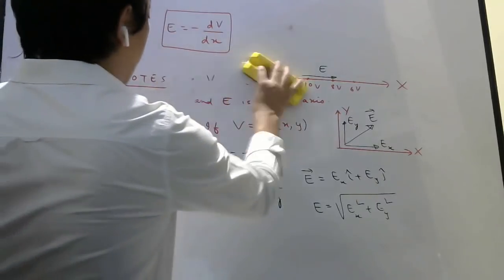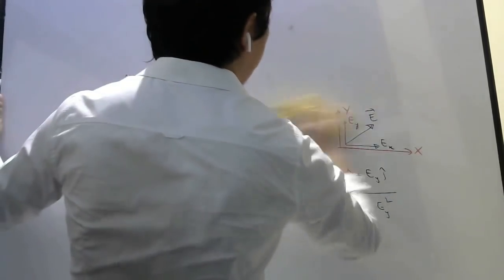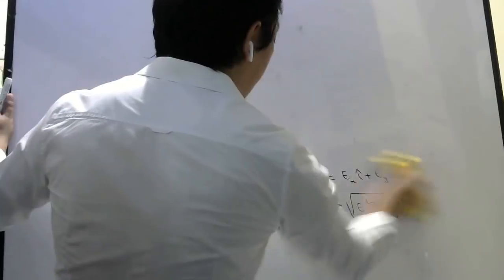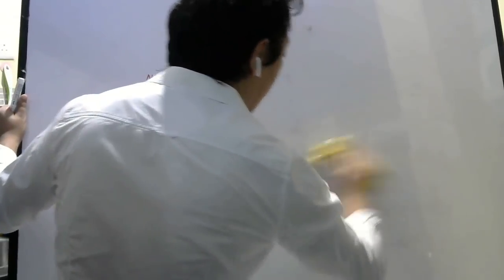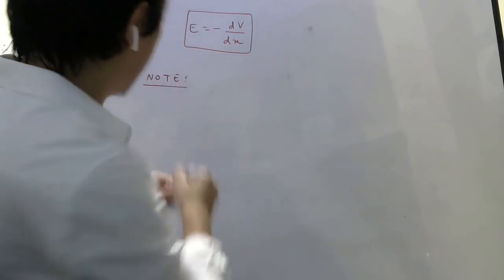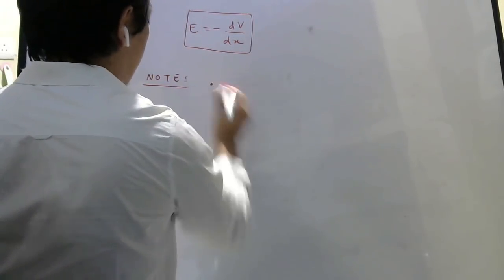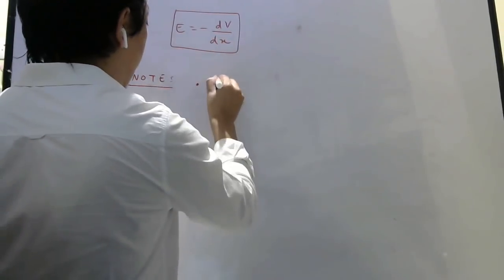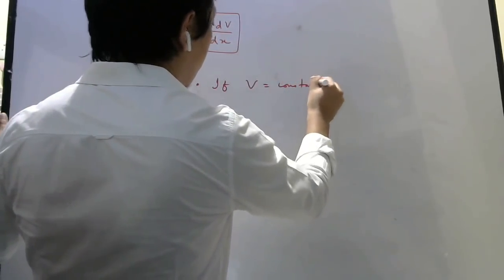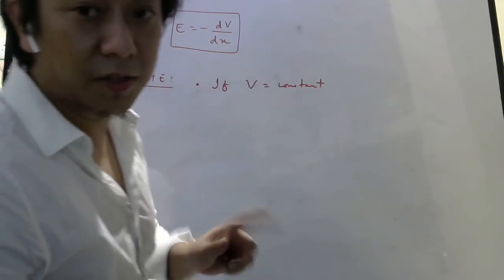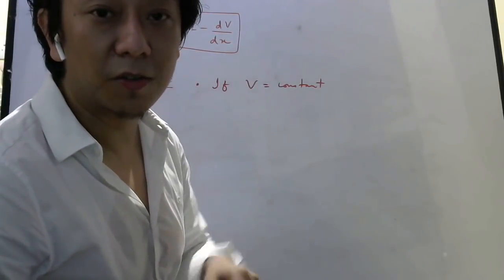Another point, you see. The second note is only for your entrance exams. Okay. Third note. If potential is constant, that means it is not a function of x coordinate, y coordinate, or z coordinate.